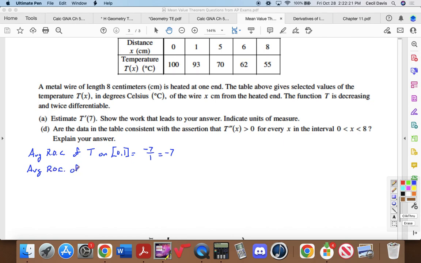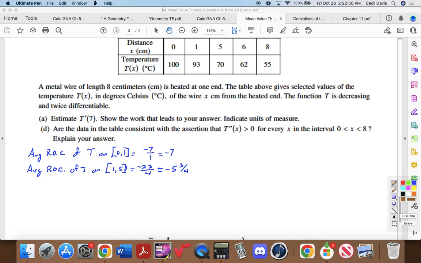The average rate of T on the interval from 1 to 5 is negative 23 over 4, which is what, negative 5 3/4?